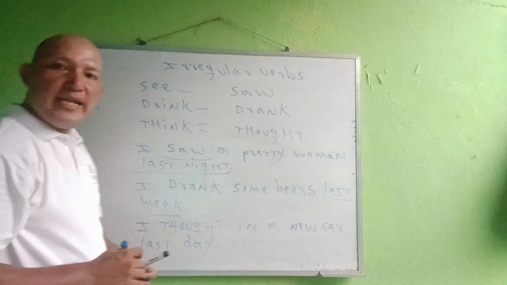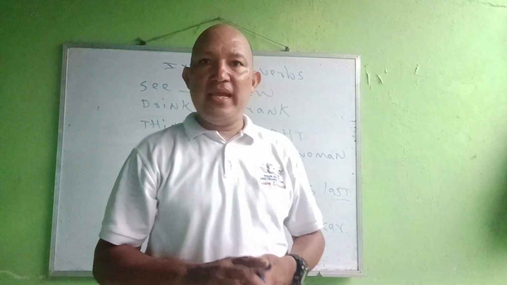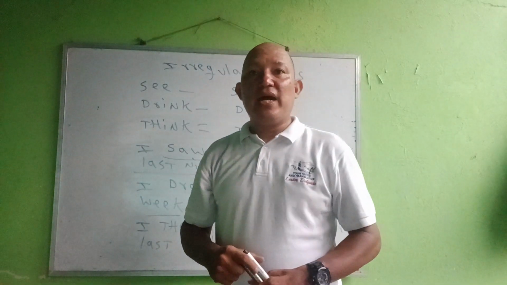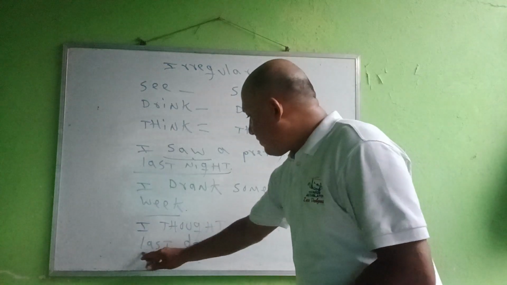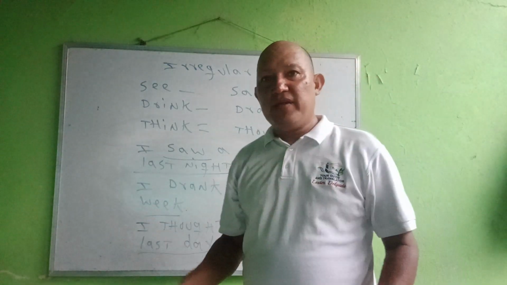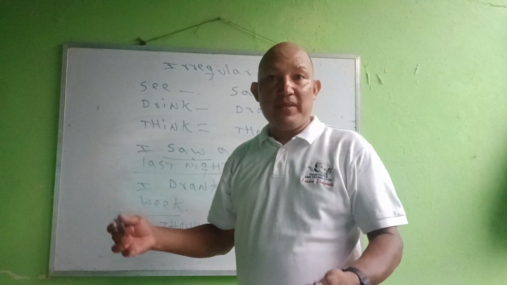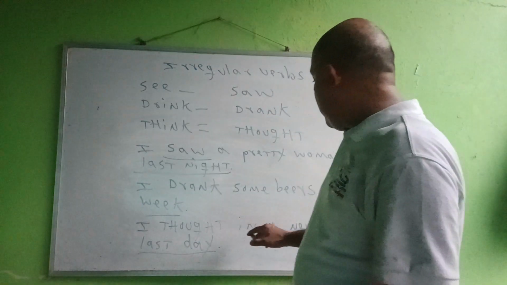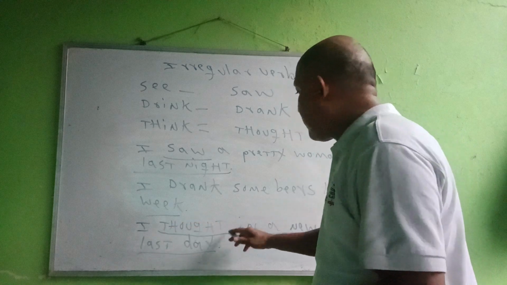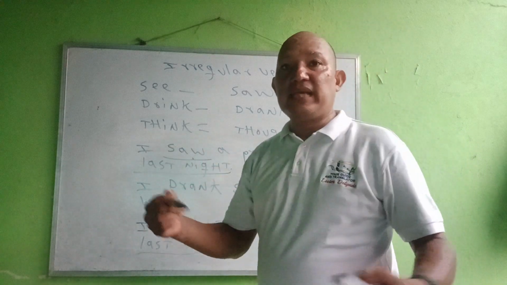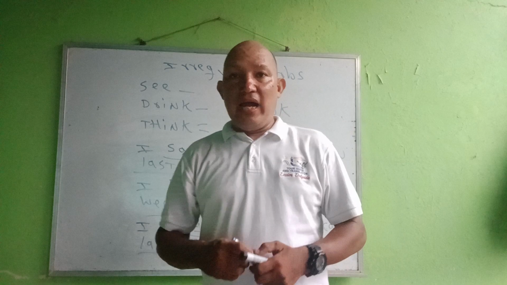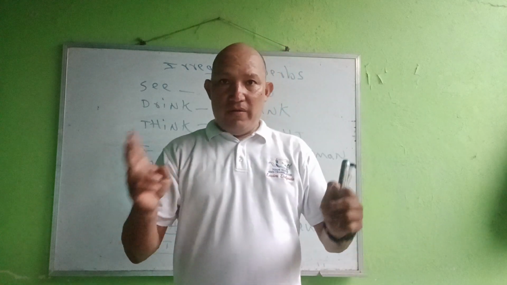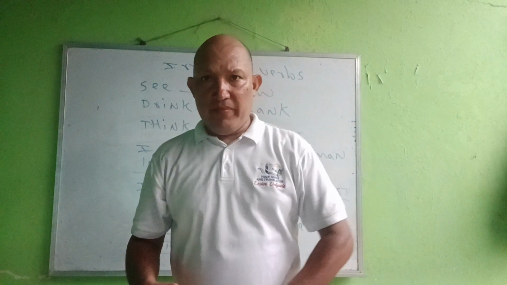I thought in a new car last day, okay? And here I'm using last day because I'm specifying when I did this action, when this activity happened, all right? But at the same time, I'm using thought, the past tense of think, because it's an irregular verb, okay? This is the way we can make a difference between regular and irregular verbs, okay?